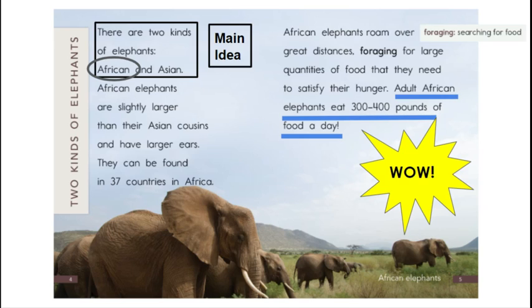It seems to me that the author put this in as more of a way to keep me reading and say, oh my gosh, I didn't know that and I want to read more. So that one I'm not going to put down as a supporting detail. We don't have to put everything down. I'm going to keep that one as a wow. I think that was pretty interesting or cool.